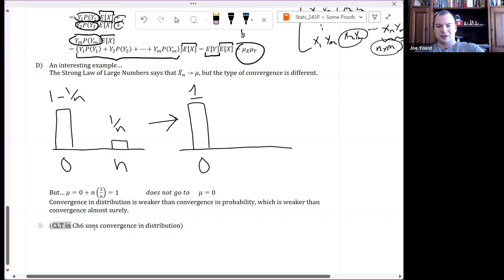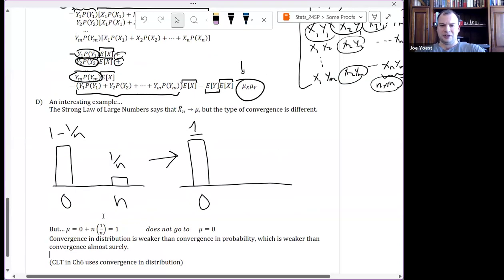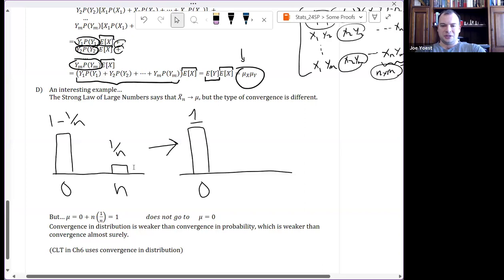The central limit theorem that we'll talk about in chapter 6, our other big theorem in the course, uses the idea of convergence in distribution, which is even weaker than the type of convergence we used in the weak law of large numbers. As an example, let's say we had a distribution that has value 0 that occurs 1 minus 1 over n proportion of the time, and value n that occurs proportion 1 over n of the time.